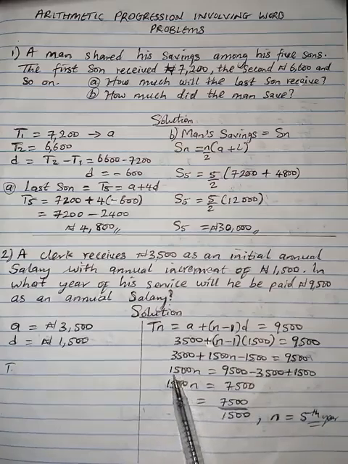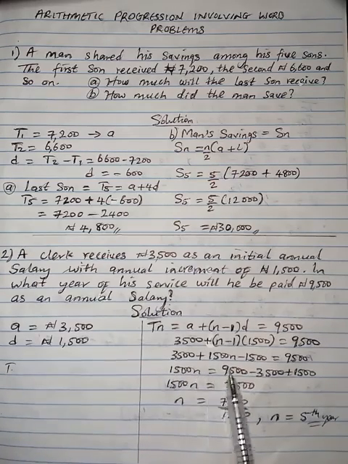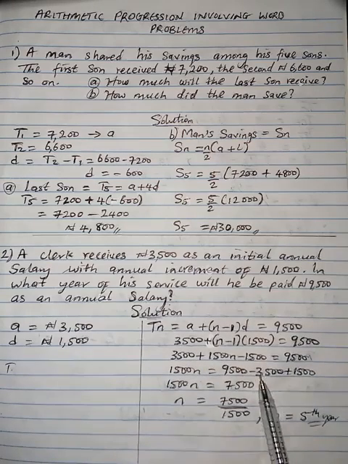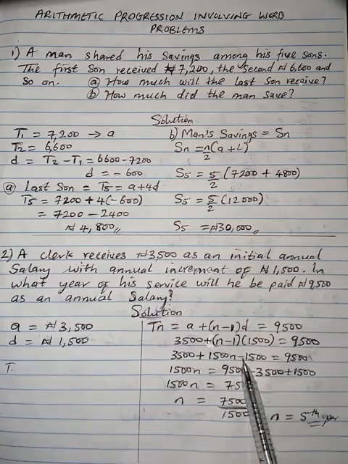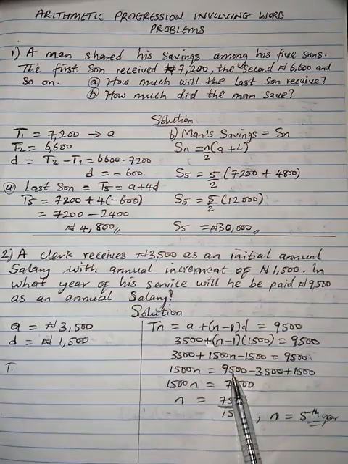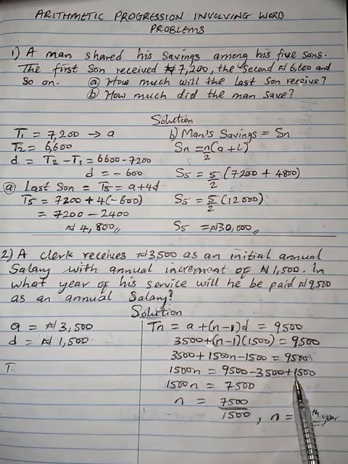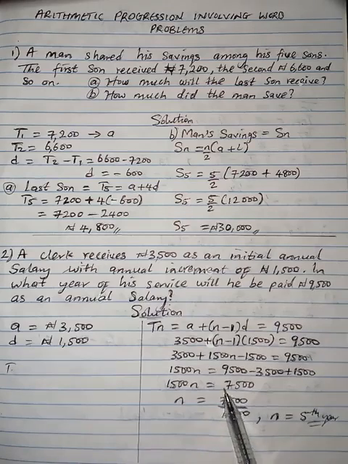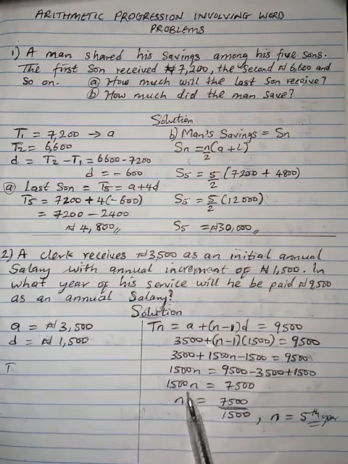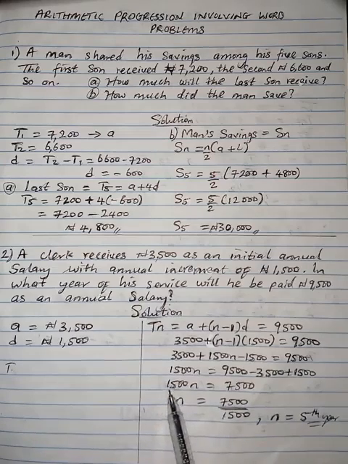Now we have 1,500 n as the variable term, equals 9,500, which is already here. Now 3,500 crossing becomes minus 3,500. Minus 1,500 crossing becomes plus 1,500. Now 9,500 minus 3,500 plus 1,500 gives me 7,500. And now I'm looking for n. I have to divide both sides by the coefficient of n, which is 1,500.